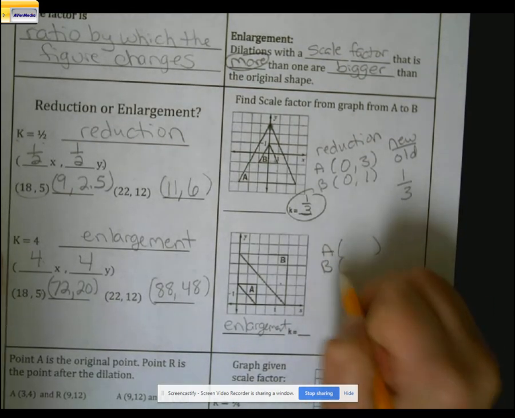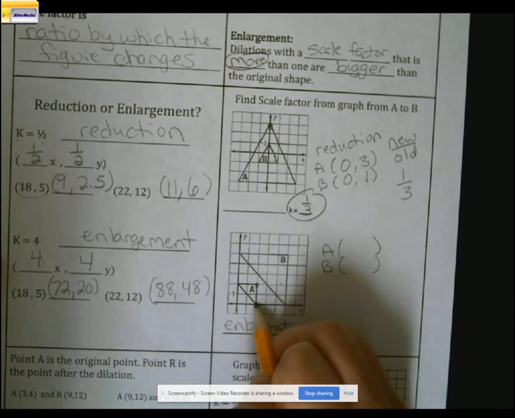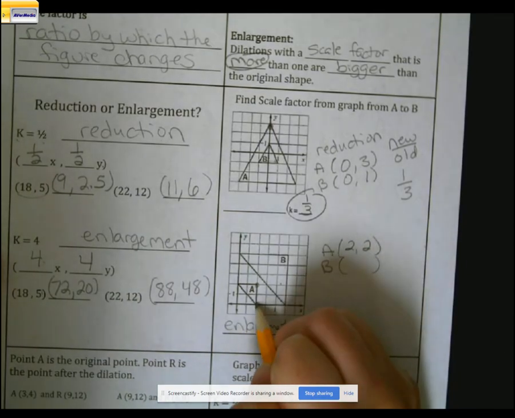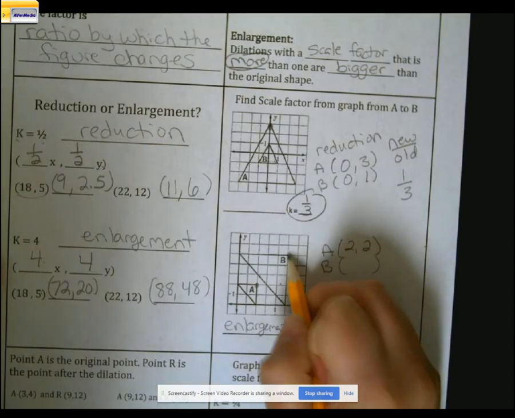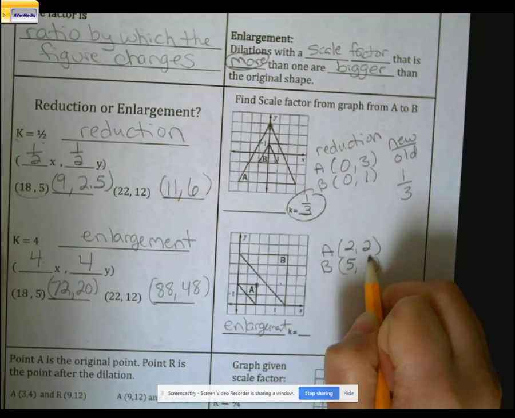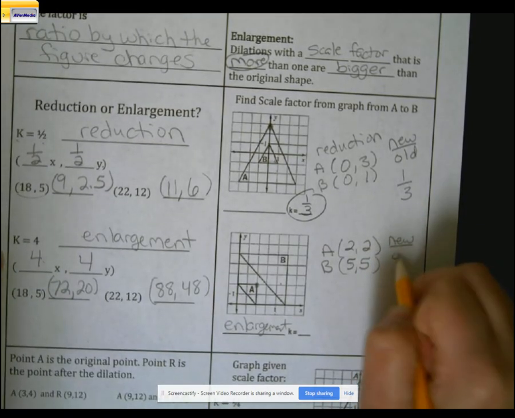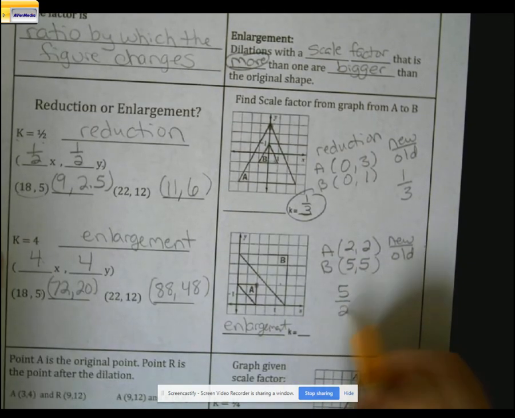I'm just going to pick two ordered pairs here. So maybe this one looks like 2, 2. And for B, I count 1, 2, 3, 4, 5, so I have 5, 5 for triangle B. Again, I want new over old. So the new one, the big one, I have 5 over 2.